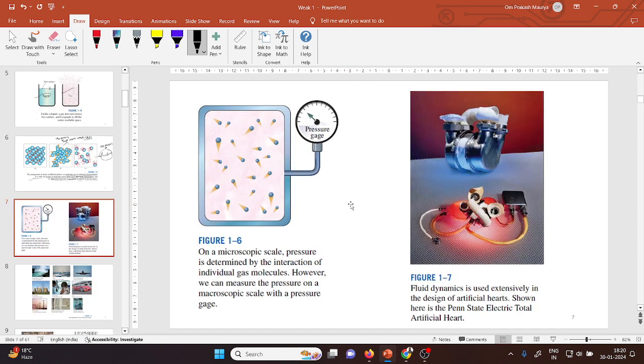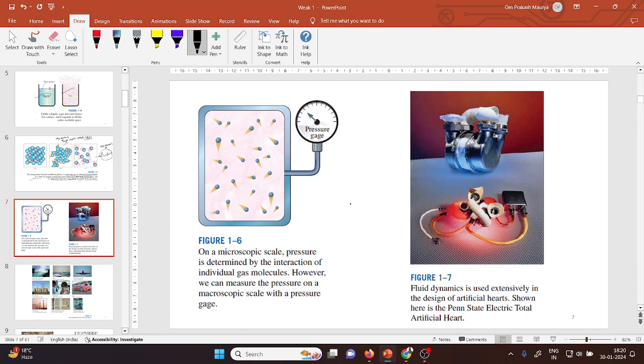So here figure 1.6 is a pressure gauge, and figure 1.7 is showing an application of fluid mechanics. For measuring pressure we always use a pressure gauge.